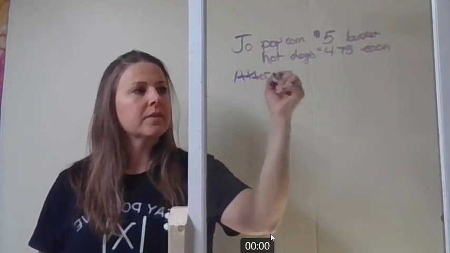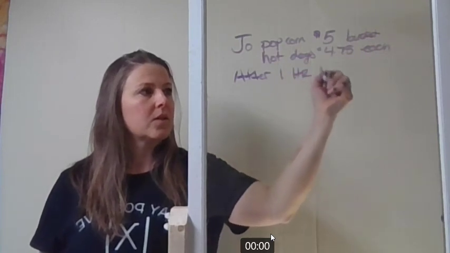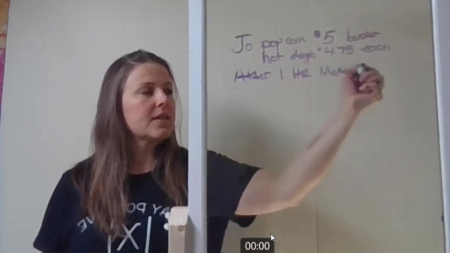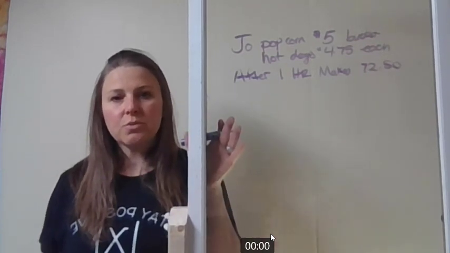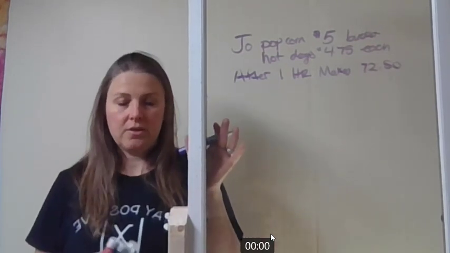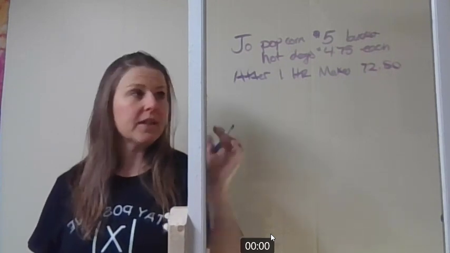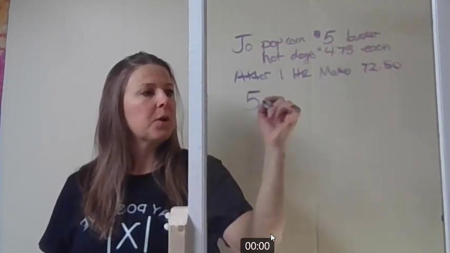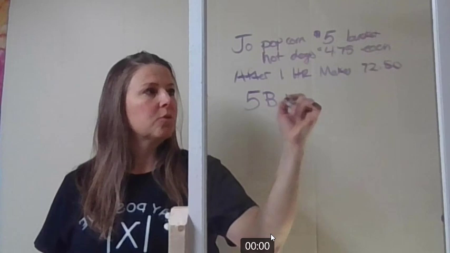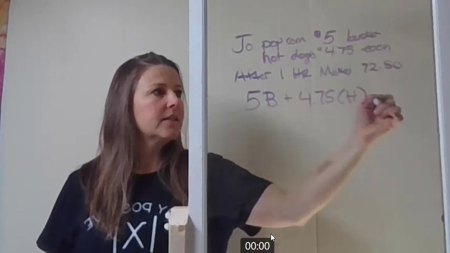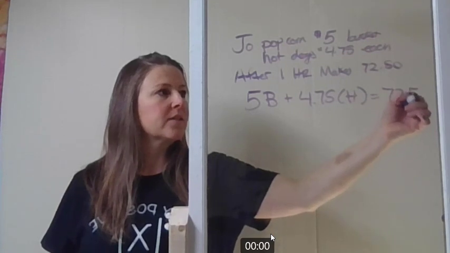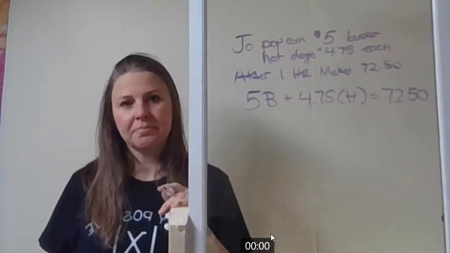After 1 hour, Joe makes $72.50. So would this be easier to write in standard form or y-intercept form? Hopefully you think standard form. 5 per bucket plus $4.75 per hot dog is equal to $72.50.